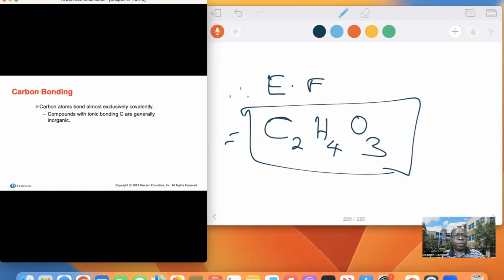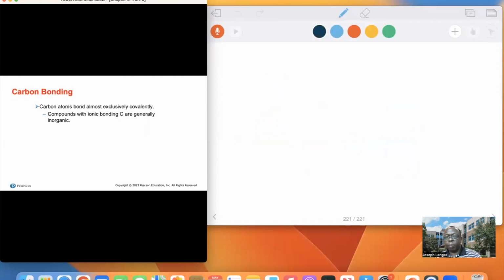There are a few exceptions that are inorganic, such as the cyanide ion, a polyatomic ion with a carbon. It falls under inorganic. When carbon bonds, it forms 4 covalent bonds by sharing electrons, including single, double, and triple bonds.